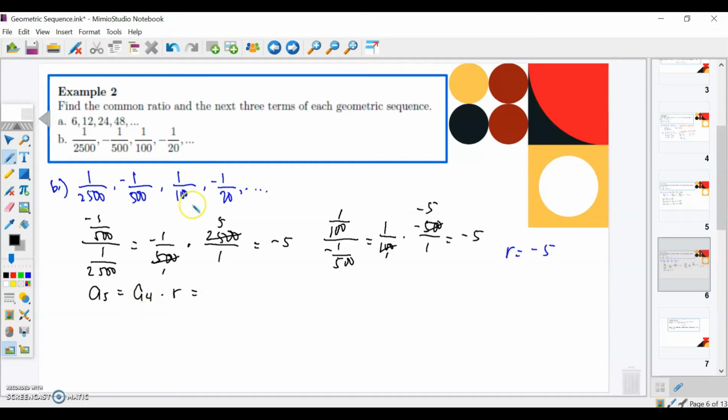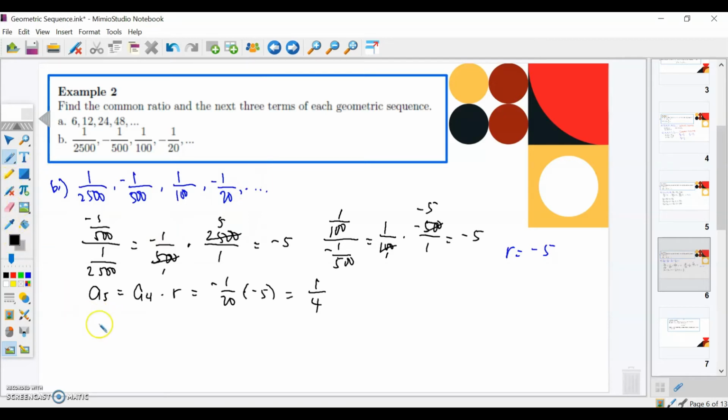So a sub 4 is negative 1 over 20. Multiply this by our common ratio, which is negative 5. If you multiply negative 1 over 20 by negative 5, we will get positive 1/4. So the next term after negative 1 over 20 is 1/4.